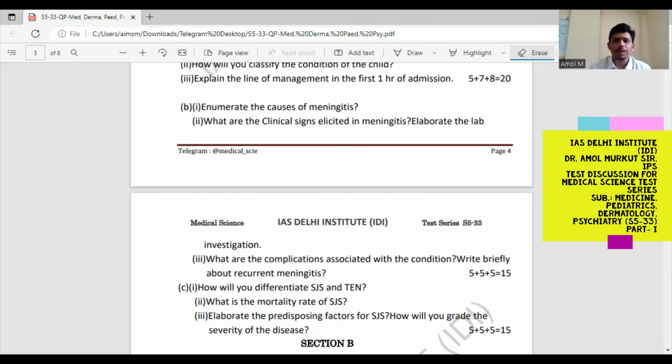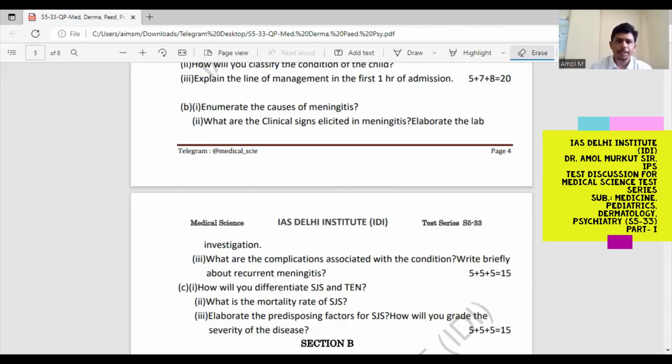Clinical signs: what are the clinical signs? Mostly there is neck rigidity. Then there is photophobia, the patient cannot stand the exposure to the light, or we can say intense light.